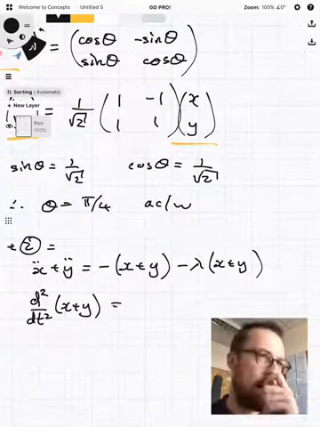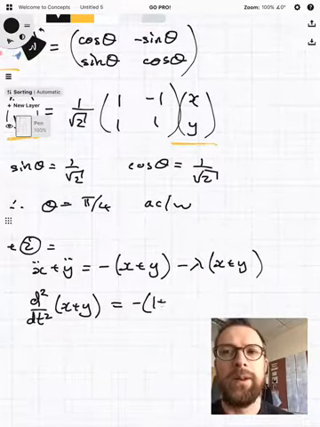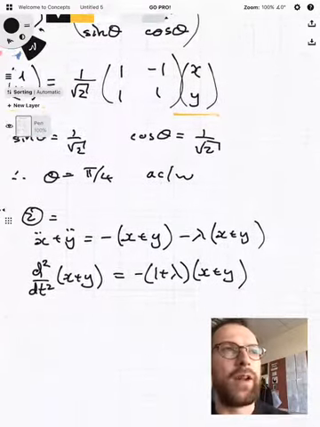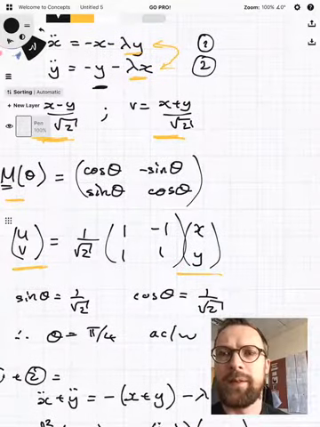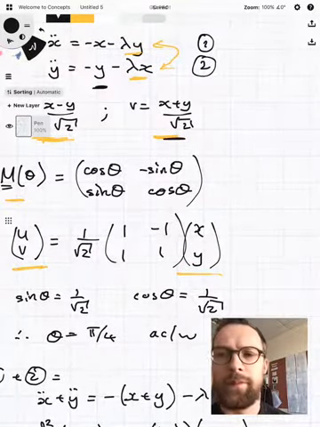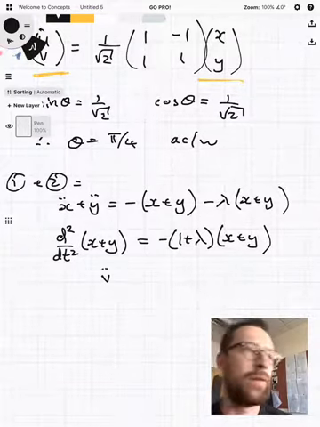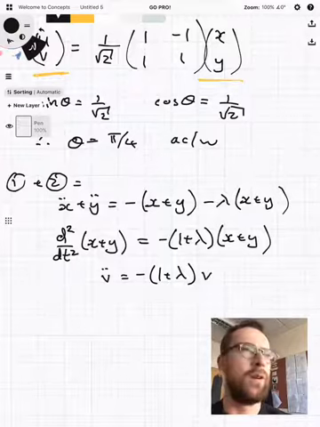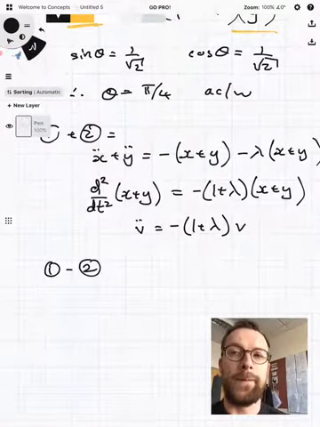So you can write all of this as the second derivative of x plus y is, just factorising the right hand side, minus (1 plus lambda) times (x plus y). But we know x plus y is root 2 v. So if we divide everything by root 2, left and right hand side, we end up with v double dot is minus (1 plus lambda) times v.